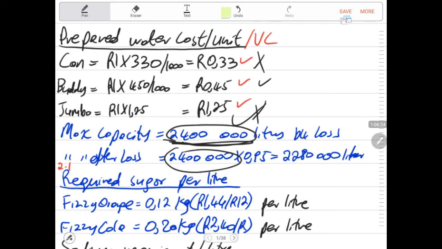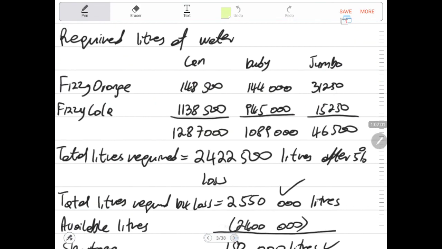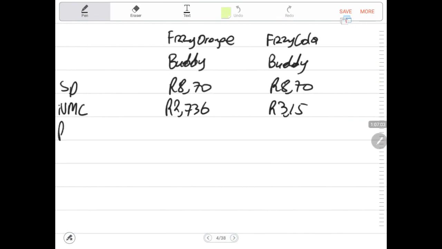It was the same for both product variations because we had a cost of 1 rand per liter. So the prepared water is 45 cents, and this is a variable cost.